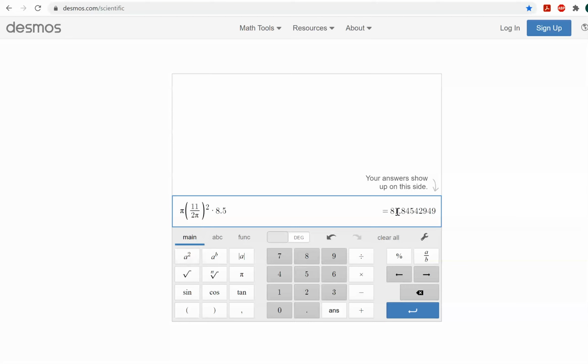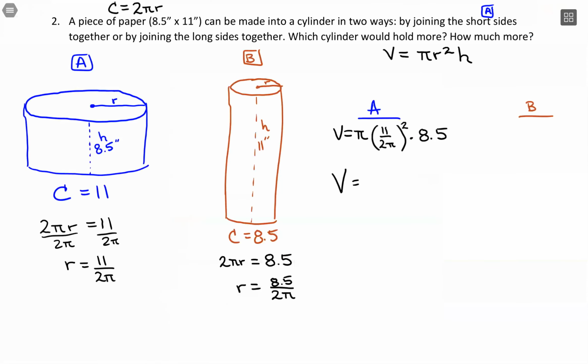So that's giving me a volume of, and I'll go ahead and round this to 2 decimal places, let's say, 81.85, and this is cubic inches, so inches cubed. So there's our first volume.